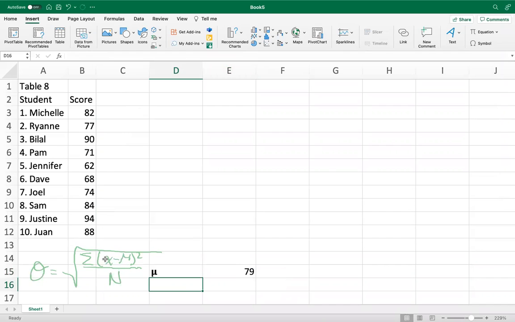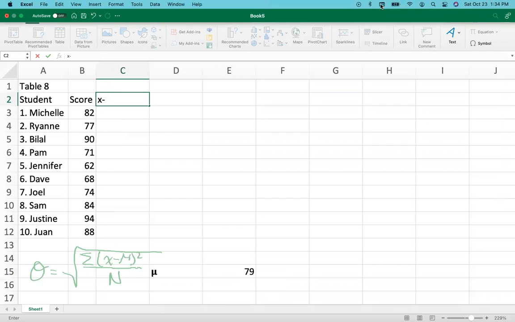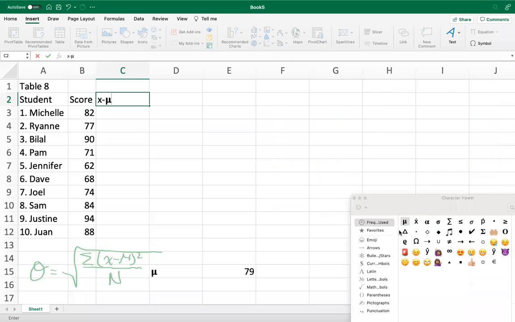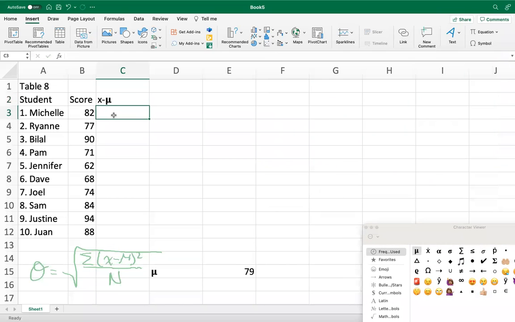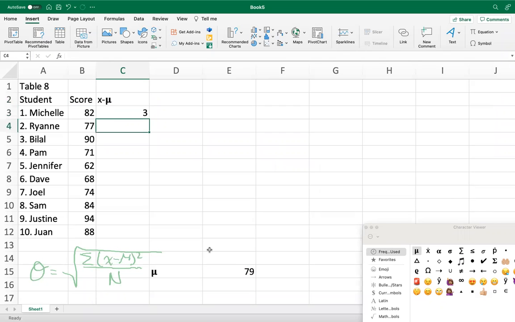So the first thing we have to do is find the deviation from the mean. So here I'll just say x minus the mean. Now x minus the mean is going to be this entire set here. For each of these, it's going to be equal to x minus the mean, and again, equal to this value minus the mean.